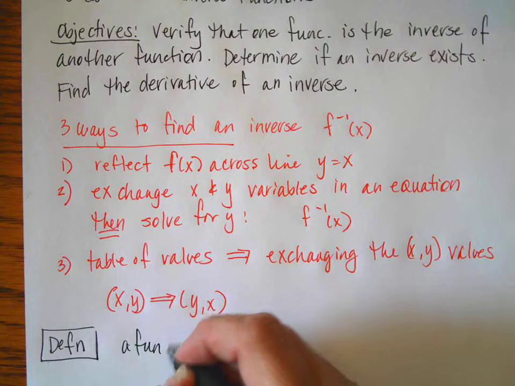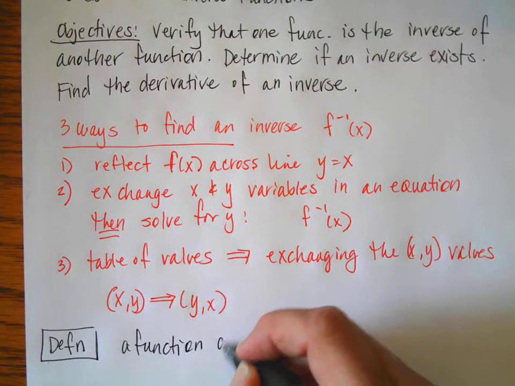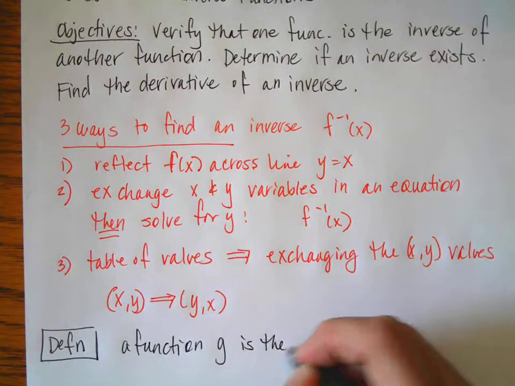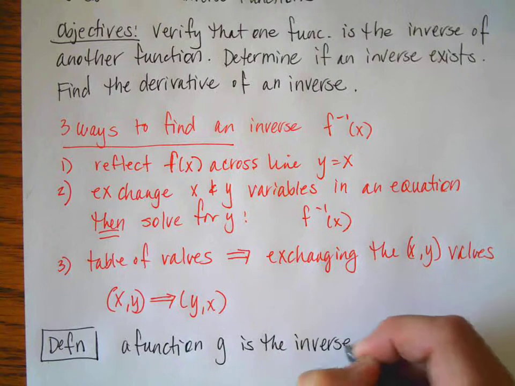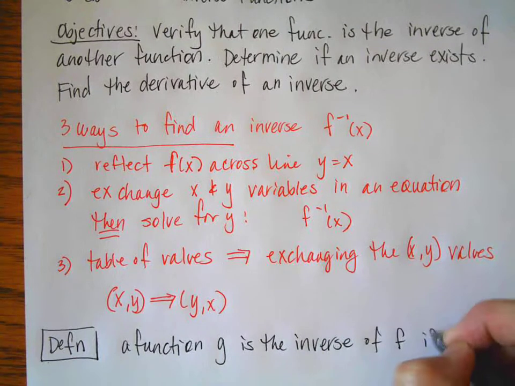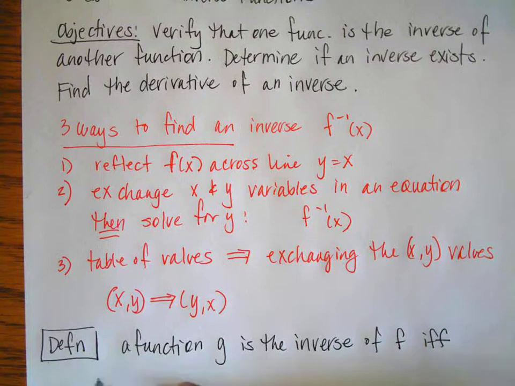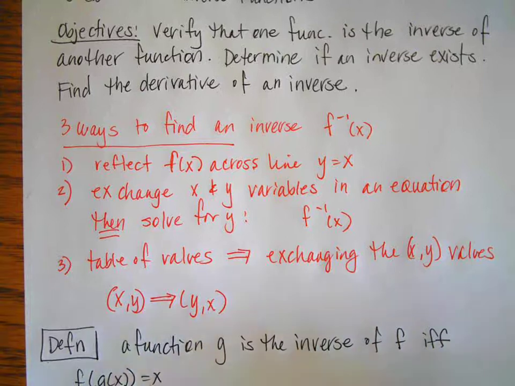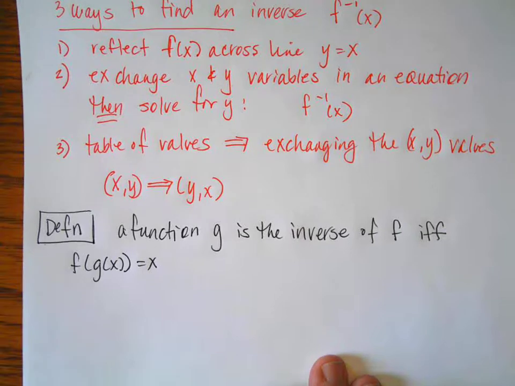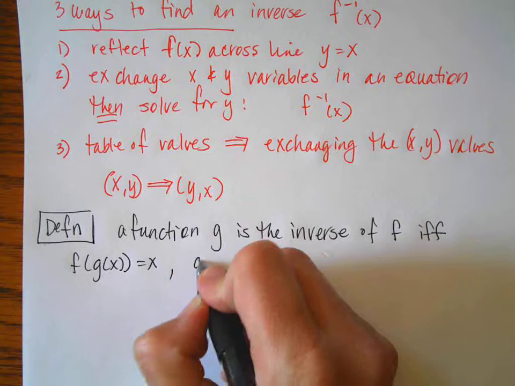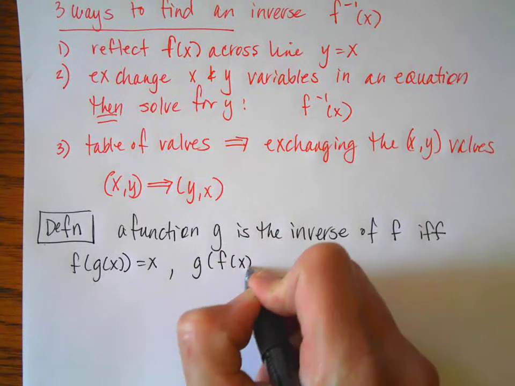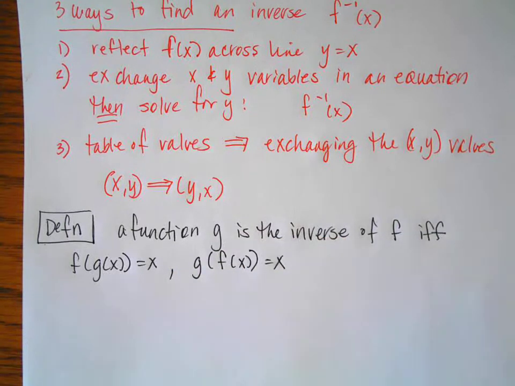It says a function g is the inverse of the function f if and only if the composition f of g of x is equal to x, and I can have the opposite direction if the composition of g of f of x is also equal to x. So the functions are not inverses of each other unless the compositions yield an x.